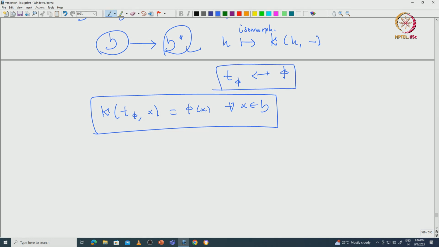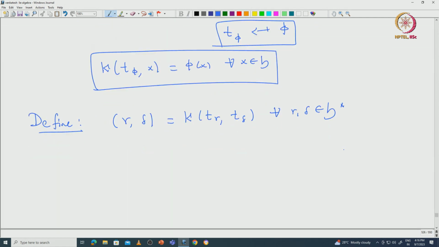So, we define this inner product, or bilinear form, gamma comma delta, to be kappa of t gamma comma t delta for all gamma, delta coming from H star. Now it is immediate that this form is a symmetric non-degenerate bilinear form on H star, because it will have all the properties that the Killing form has on H.